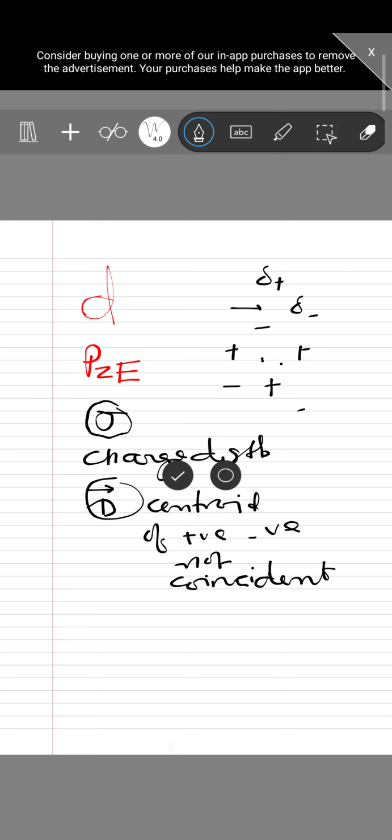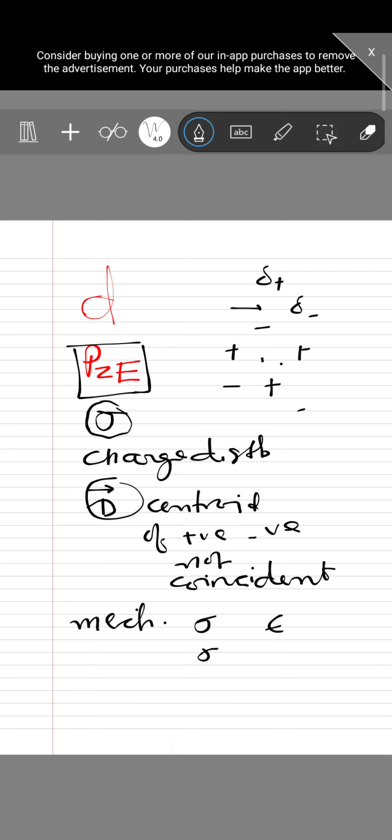This is what we know as piezoelectricity. Now this is actually a coupling of the mechanical effect: there is a stress causing some sort of strain, and also the stress causing some sort of displacement.